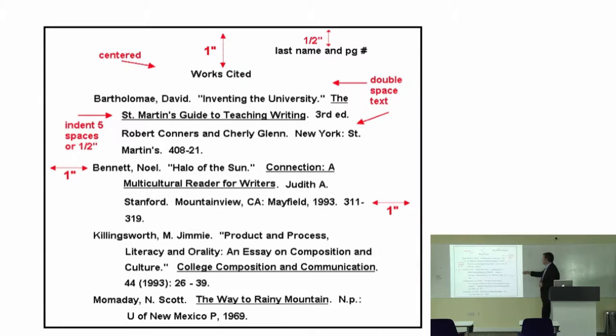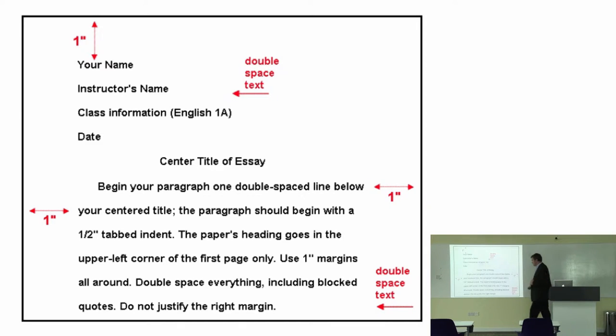The formatting of each entry is a little bit different from your regular paragraph. Your regular paragraph, and this includes the first one, is a regular tab. That's about 5 spaces, but if you just hit the tab button on your keyboard, it will indent the amount that you need for your paragraph.